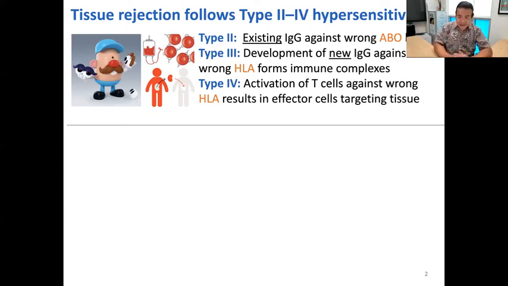And that's why I said at the 10-year mark, about 40% of all solid tissue transplantations end up failing, right?